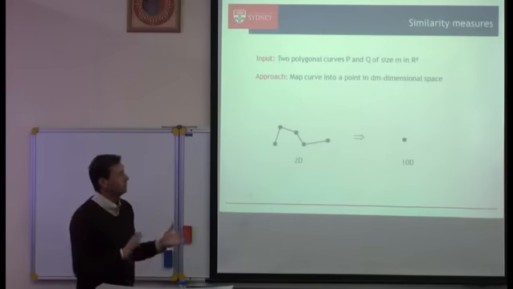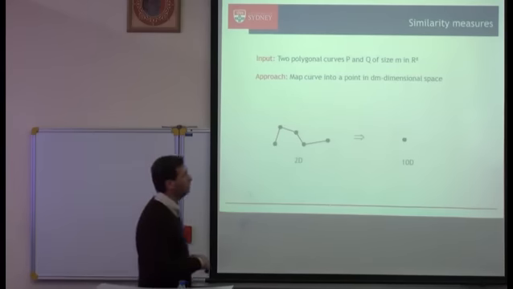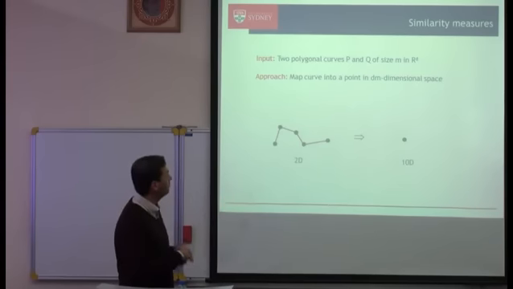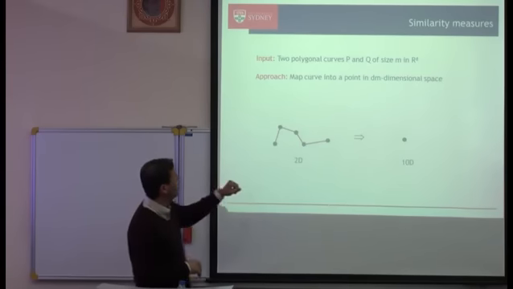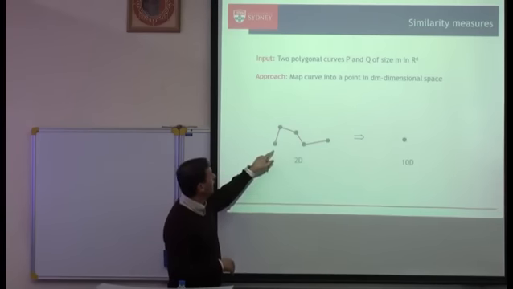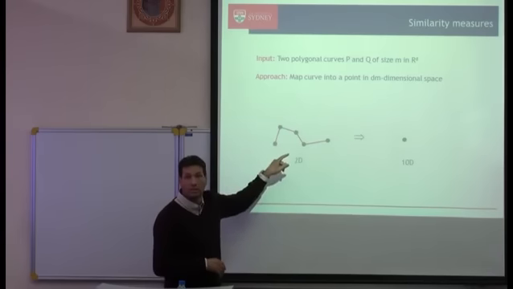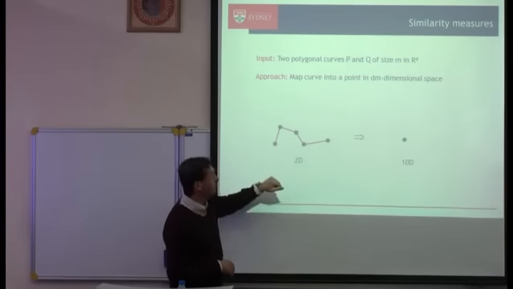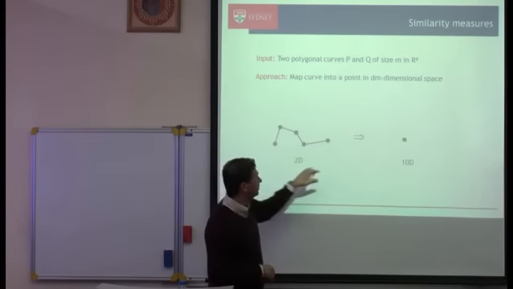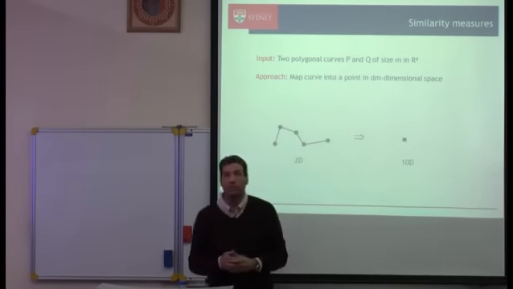The very first attempts to measure similarity between curves were very simple. You get a polygonal curve, and we just look at the vertices. This one has 5 vertices, and each vertex has 2 coordinates, so we can map this into a 10-dimensional space.